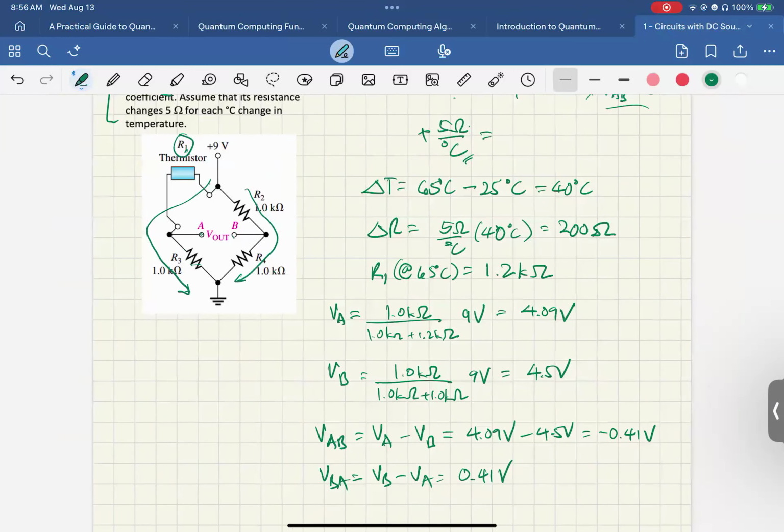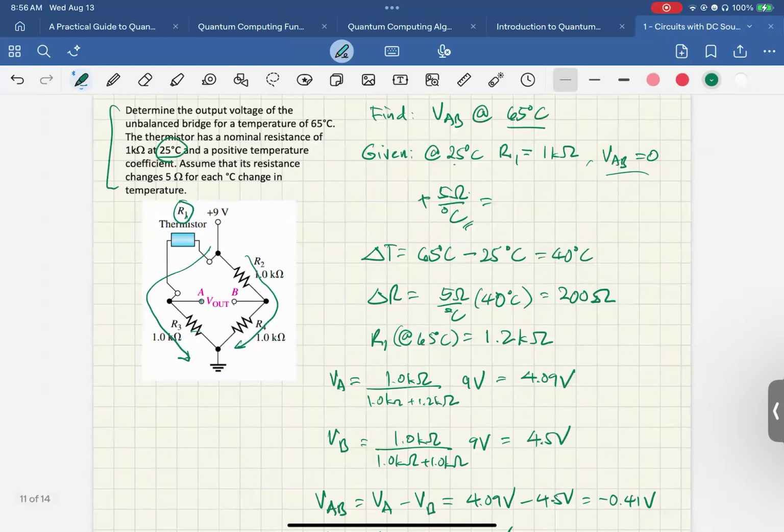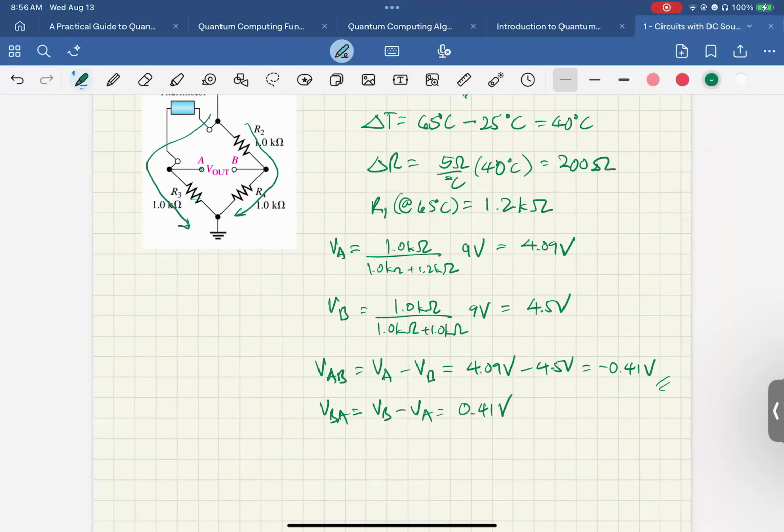It wasn't stated here where exactly the output is taken and what the reference is. So either of these answers is acceptable as long as you indicate how you measured. In the first case, the reference I used is point B, and in the second case, the reference is point A.